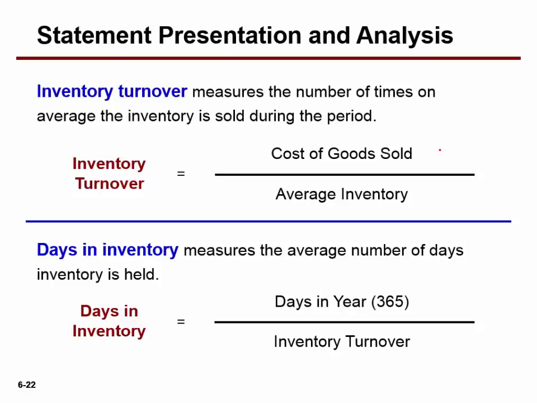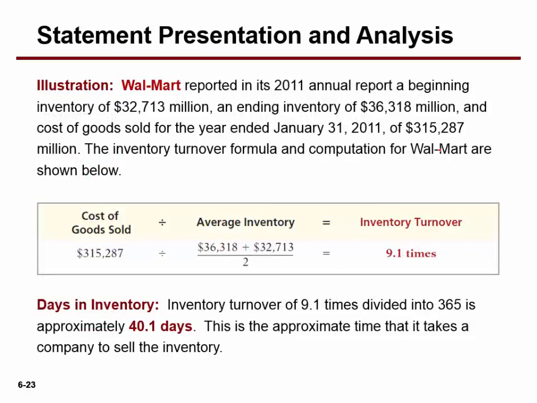Once you know how many times you turned over your inventory, if you want to know how long something stays in inventory, you divide that into the 365-day year, and that will give you the number of days that items have stayed in inventory. So let's use an example.